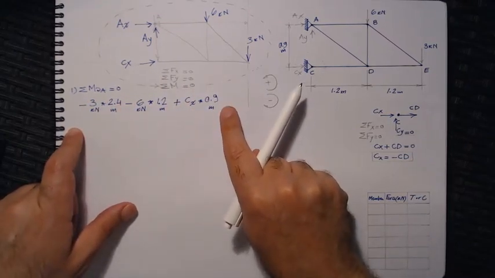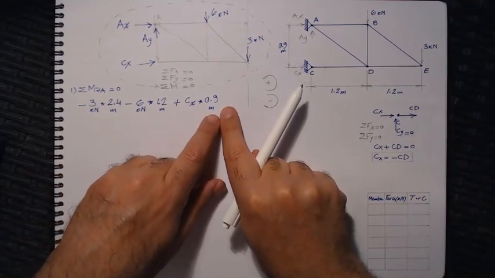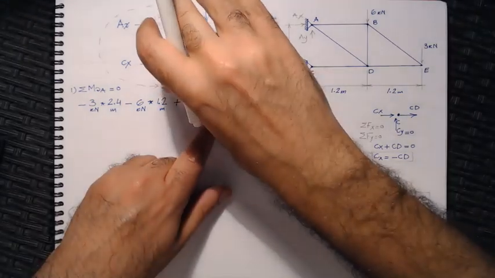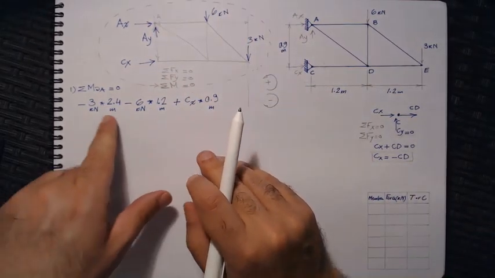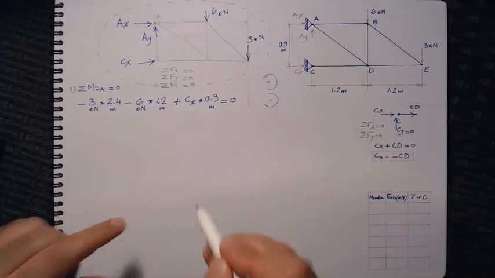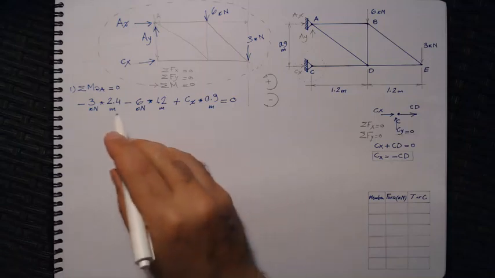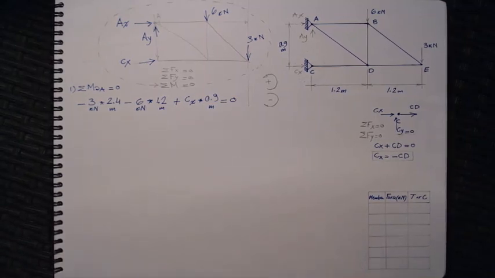My question to you now is, what happens when I add all these moments? Because the truss is in equilibrium, the summation of all these moments has to equal 0. So let's do a quick math. If you crunch the numbers, you will very quickly find the force CX.